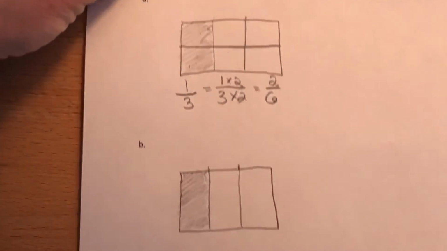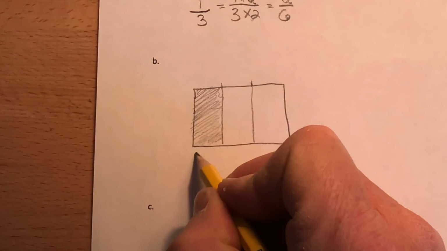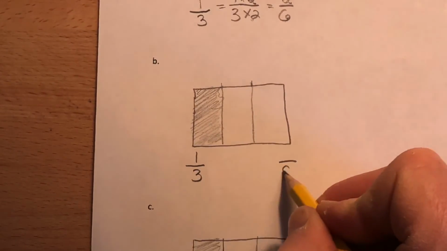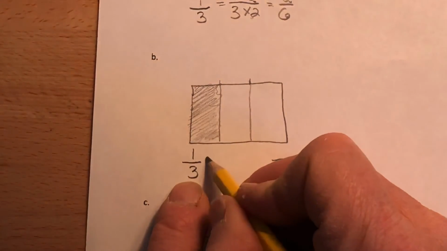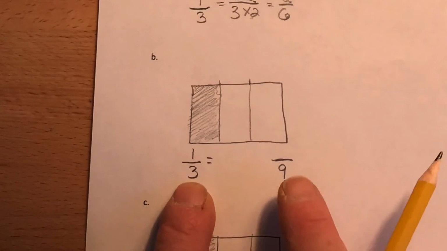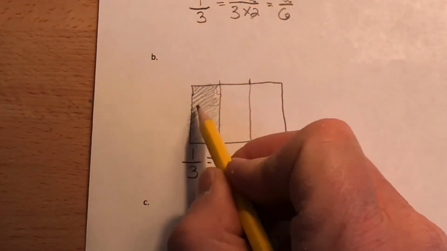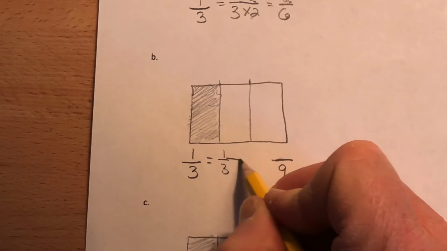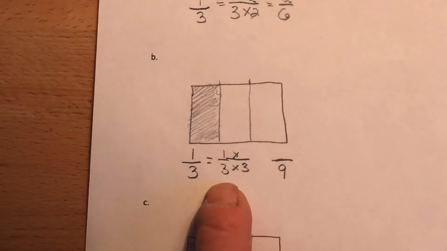All right, here's this one. And this one we have to do to ninths. So we're gonna start off with our 1/3, and we have to get all the way over here to ninths, okay? So what do I multiply 3 by to get 9? Right, if you said 3, that's right. So I gotta take my 1/3, and I need to multiply by 3 to get 9, right? 3 times 3 is 9.